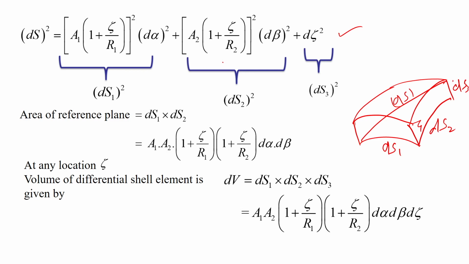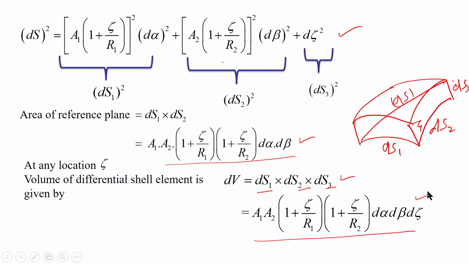If we want to find out the area of a reference plane, then it will be ds1 into ds2, and the volume will be ds1, ds2 and ds3.